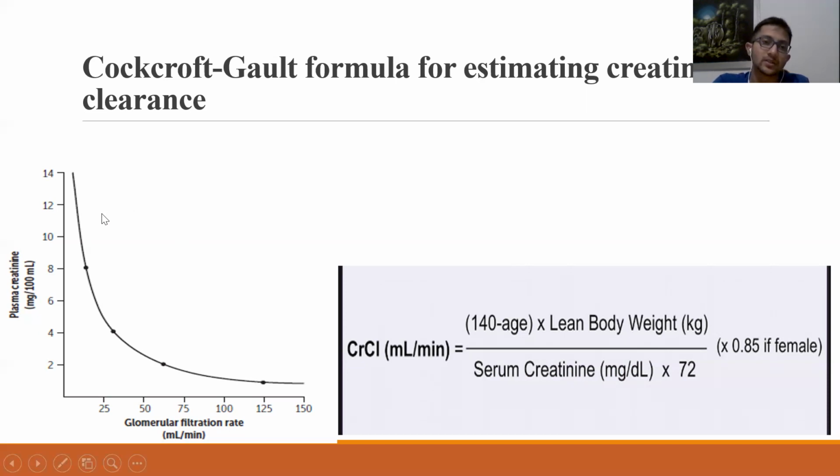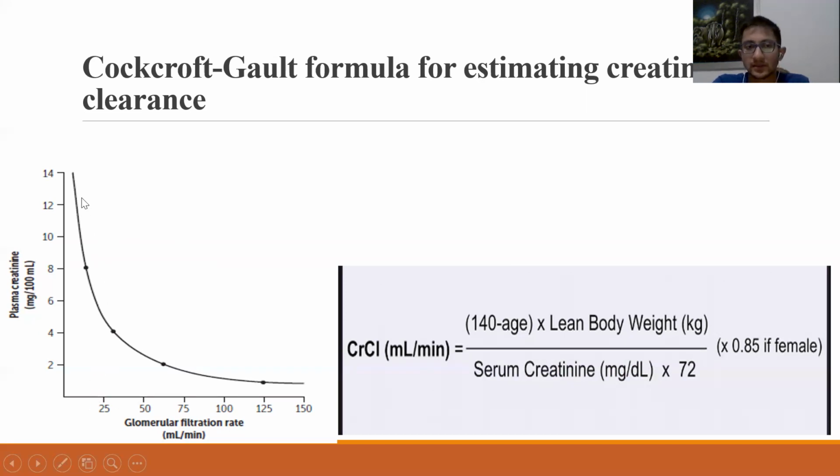And you can see over here why glomerular filtration rate can be used to assess renal function. You can see over here, when the plasma creatinine is very high, when it's not in an acceptable range, the glomerular filtration rate is really, really less.